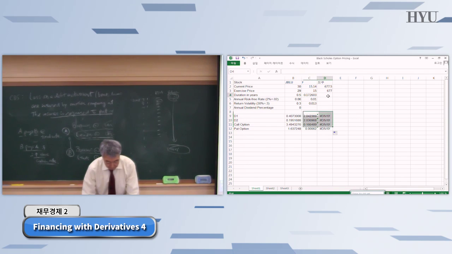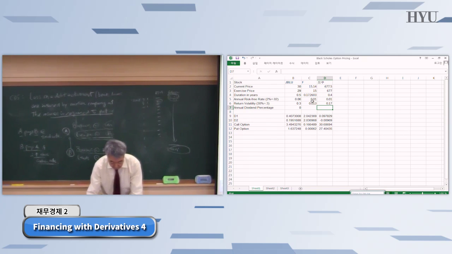Let's say 0.3, 0.4, whatever. Annual rate 0.01, and volatility, let's say 0.17. All right. Then we got call option value, put option value here.